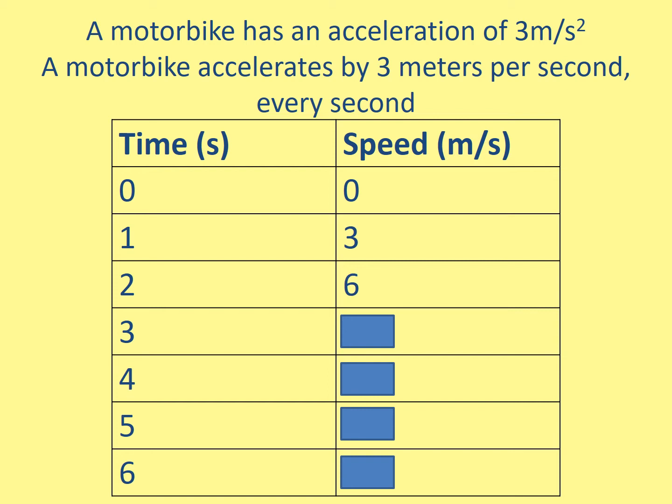After 3 seconds, it's going to have a speed of 9 meters per second. After 4 seconds, 12 meters per second. After 5 seconds, 15 meters per second. And after 6 seconds, 18 meters per second.